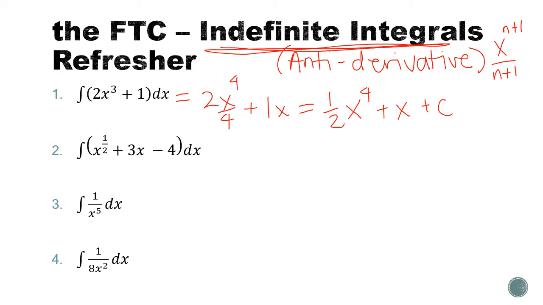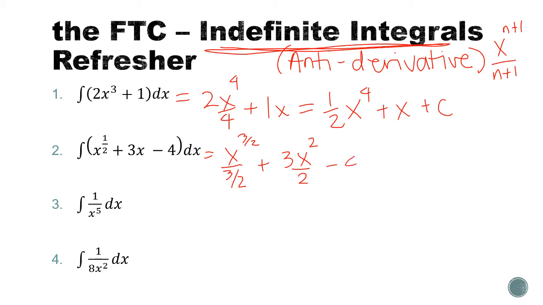Okay, so for this one, I'm going to go ahead and do this fraction problem here. x to the 1/2 becomes x to the 3/2 over 3/2, plus 3x squared over 2, because it was originally a 1, I added 1, and then I put it over the added one.